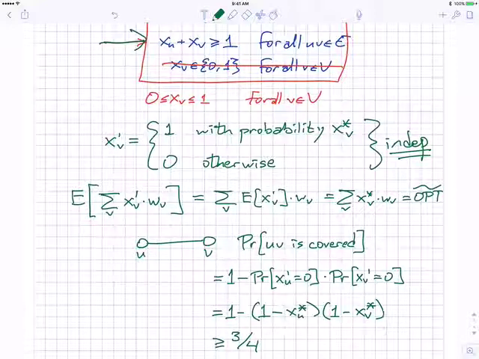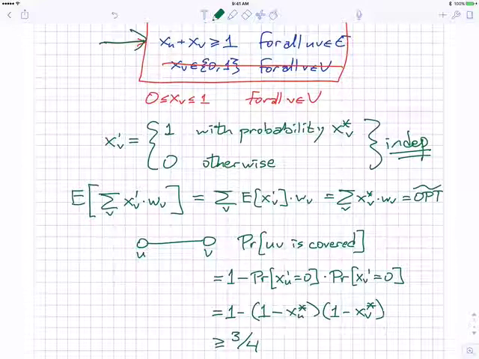So I'm going to do something not exactly the same, but sort of similar in spirit here. If I run this experiment once, then each edge is going to be covered with probability 3/4.